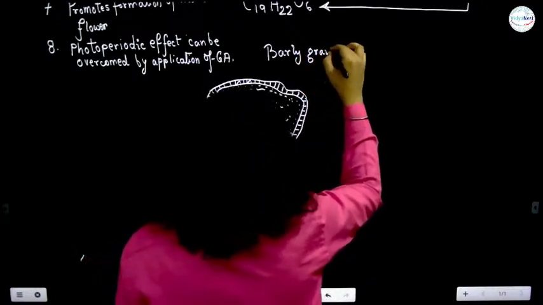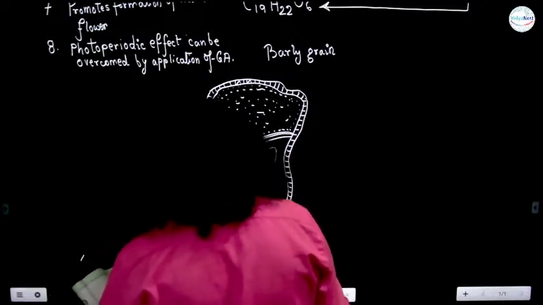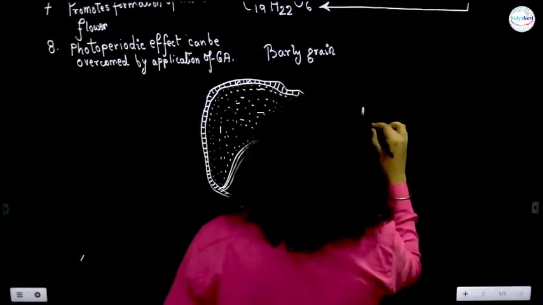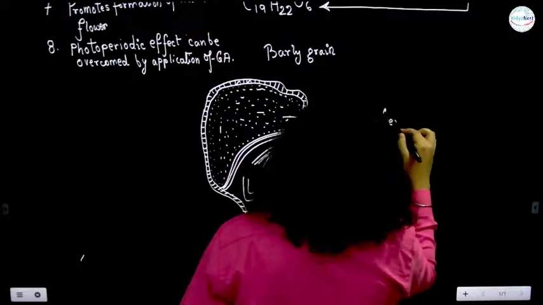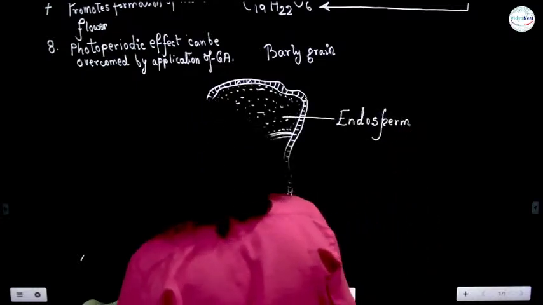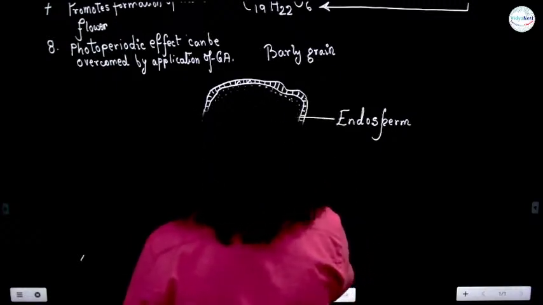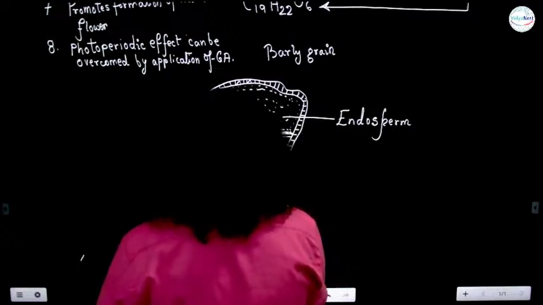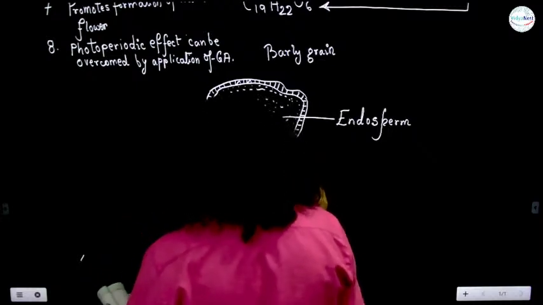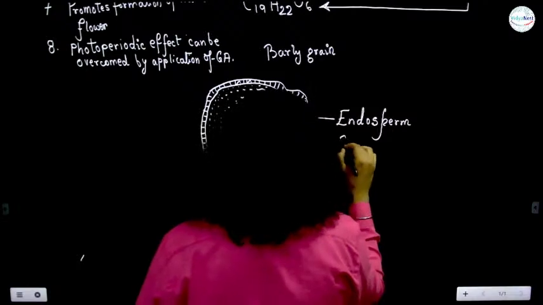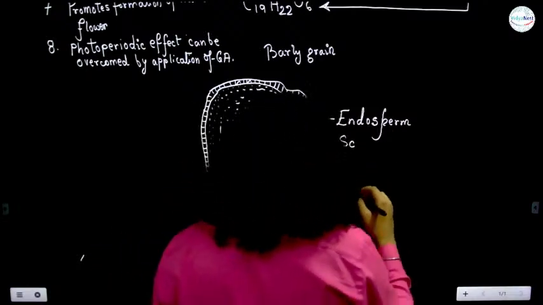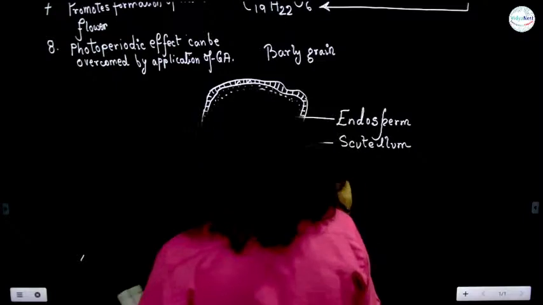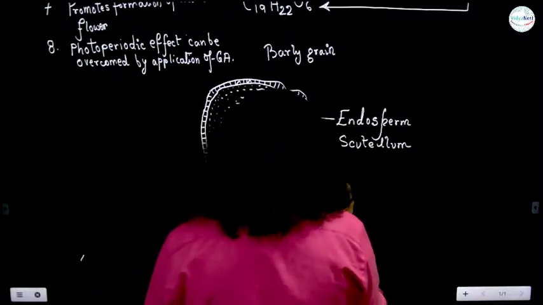Yes, and this barley grain. This is the endosperm. Scutellum. This one is a radicle.